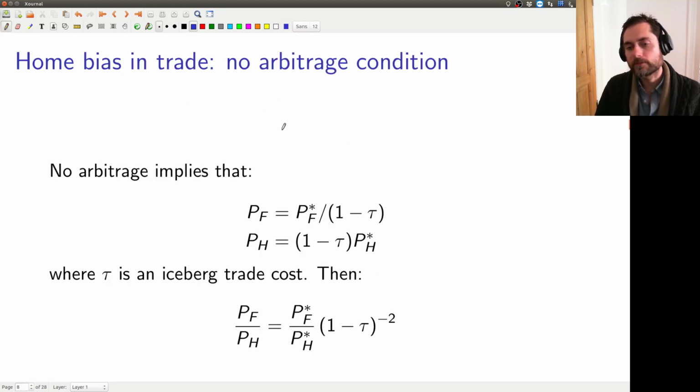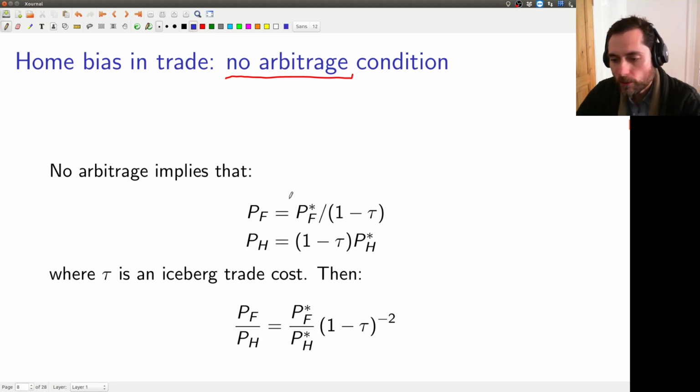All right, so let's immediately talk about an important condition called the no-arbitrage condition. Let's look at this equation first because it's easier to explain. If you think about the price of the home good at home and the price of the home good in foreign, they're not going to be the same because there's going to be a trade cost. So if you put 1 unit of the home good on a ship, less than 1 unit is going to arrive in foreign.